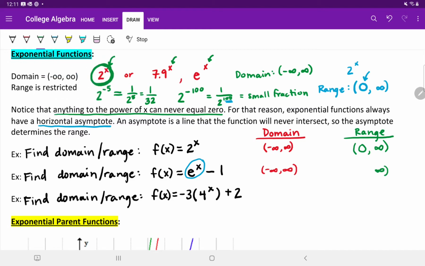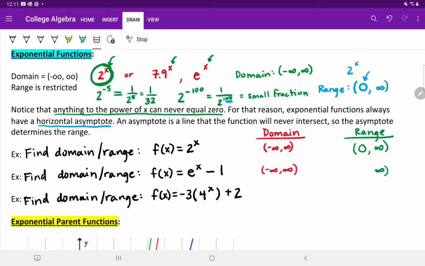But as we make x smaller and smaller, meaning it's becoming more and more negative, then we end up with a fraction. As we make our negative number bigger and bigger, say all the way up to negative 100, this becomes smaller and smaller.